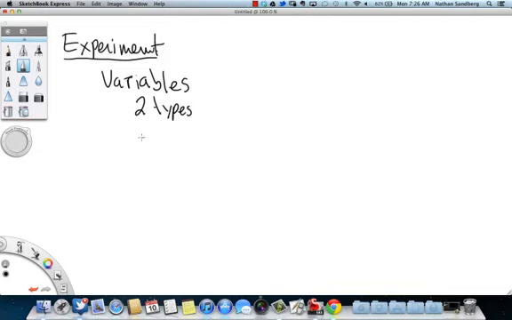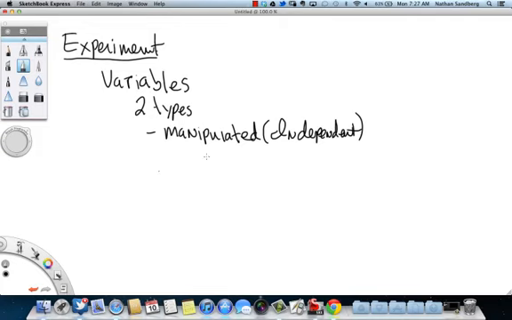There is the manipulated variable, which is also known as the independent variable. The manipulated variable, also known as the independent.